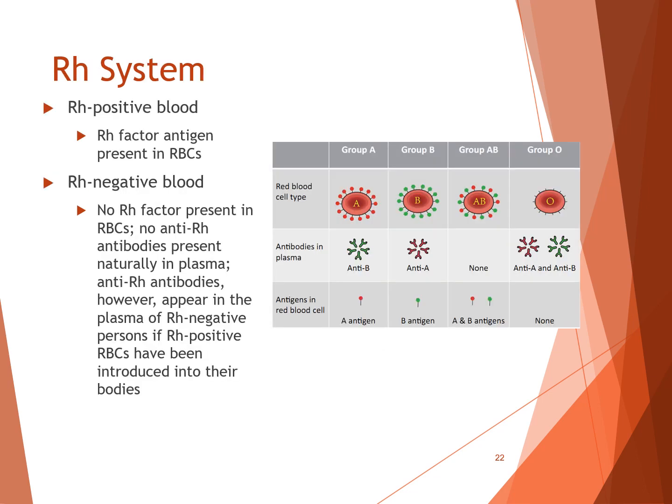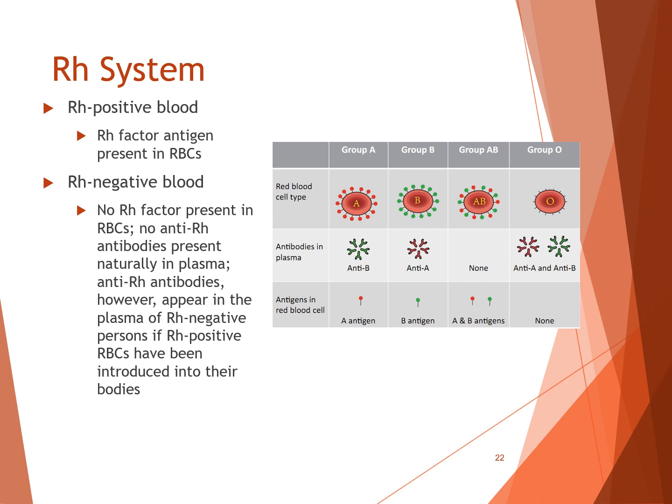Now we're going to talk about the RH system. RH is short for rhesus or rhesus factor, and it gets its name because it was named after a similar protein that was found in the rhesus monkey.